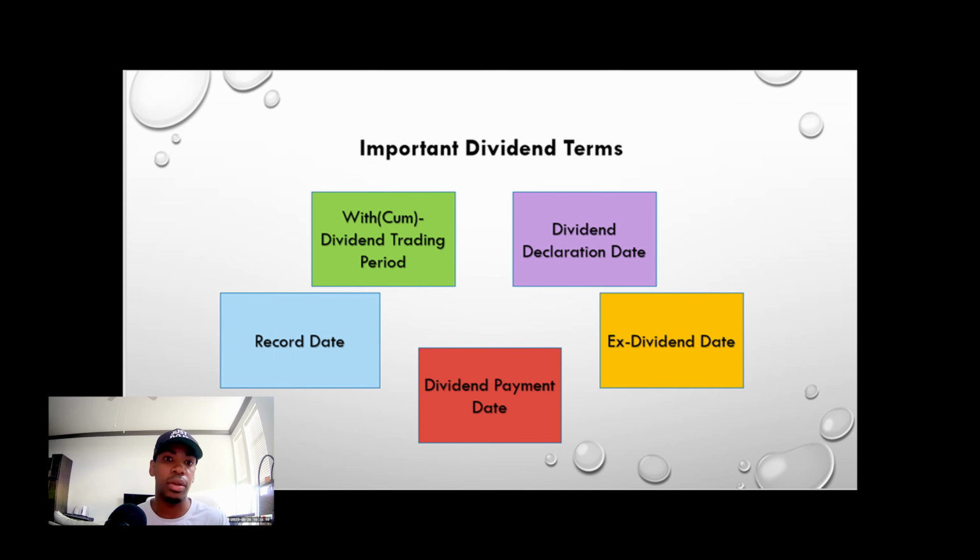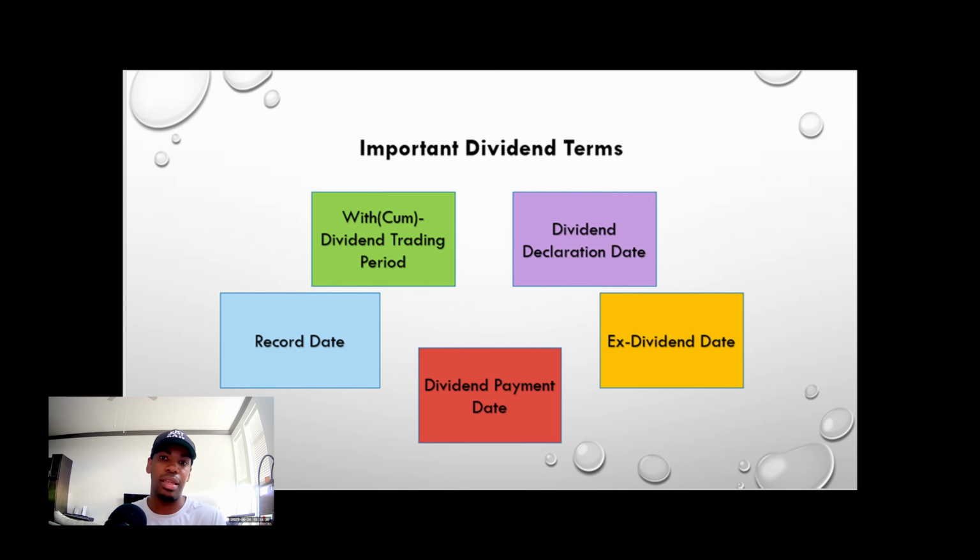So the declaration date is the day the board of directors of a company makes the next dividend announcement public. Now, when a share trades, the value of the upcoming dividend is not taken into account in the price. This is known as the ex-dividend date.